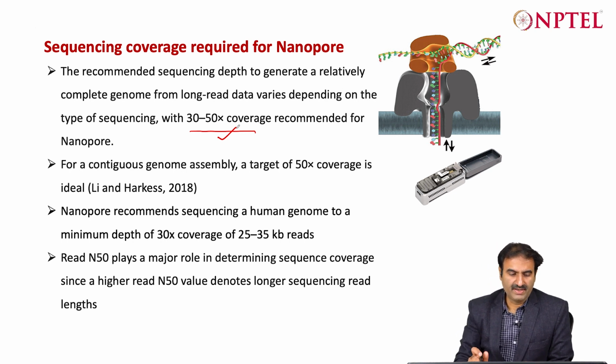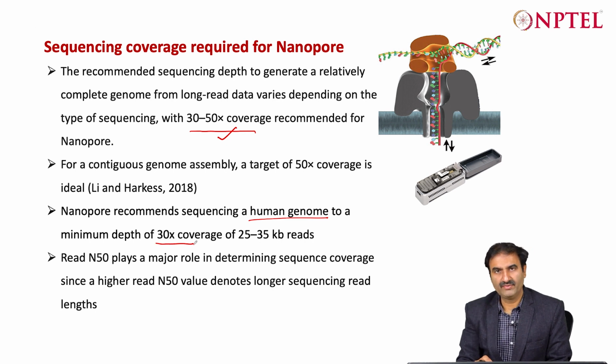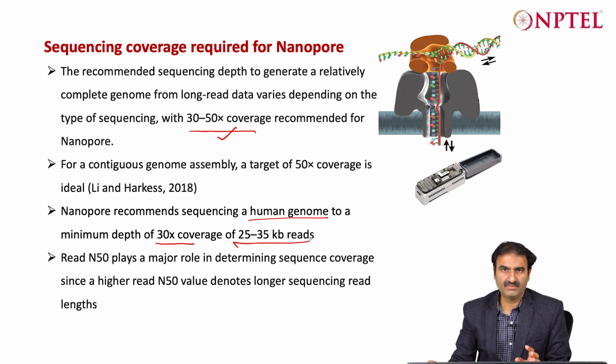Okay, right? So there are several papers that have reviewed these things, and I will also tell you some case studies, right? For example, for the human genome, which is 3 billion base pair, nanopore says that a minimum 30x coverage is required, with an average read length of 25 to 35 kb, which is again to achieve the objective.